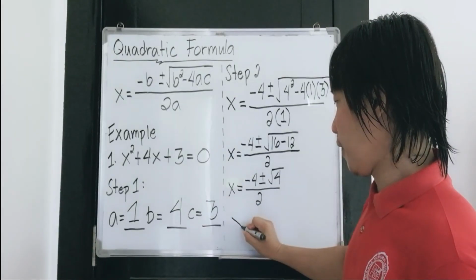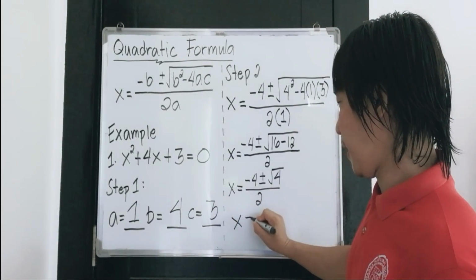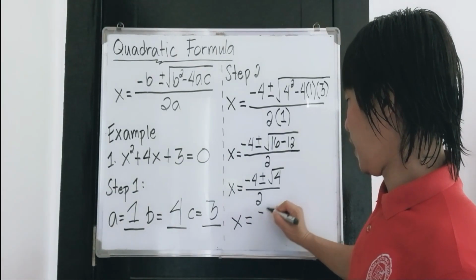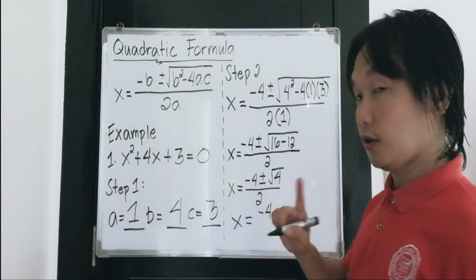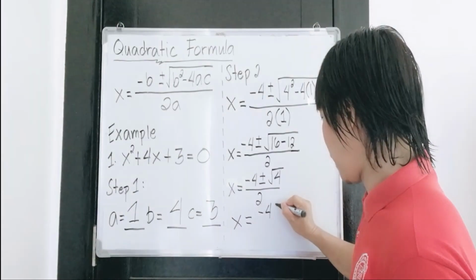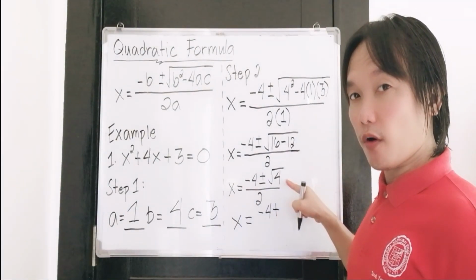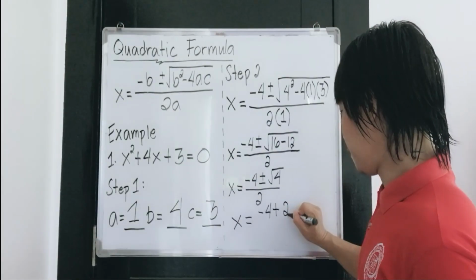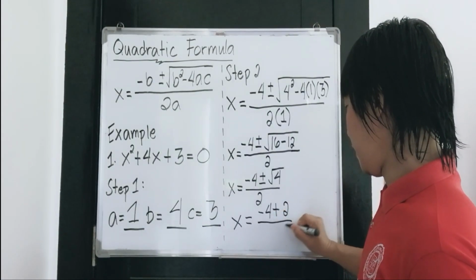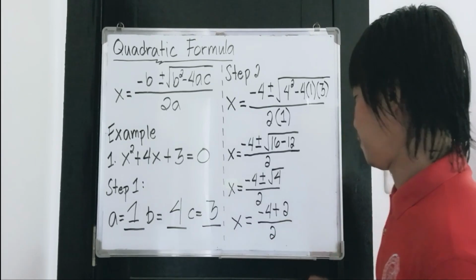If we separate that, that will be x equals negative 4, using the positive first, plus the square root of 4, that is 2, divided by 2.